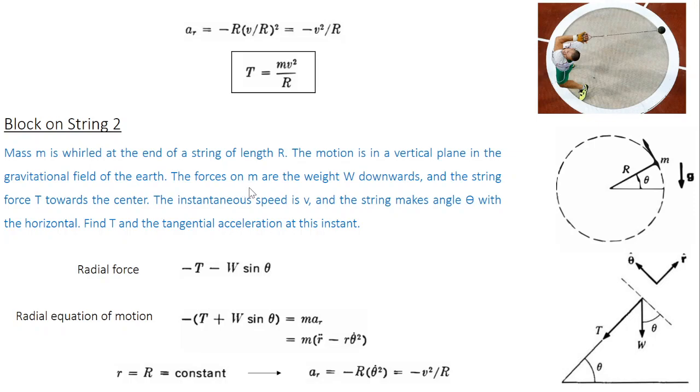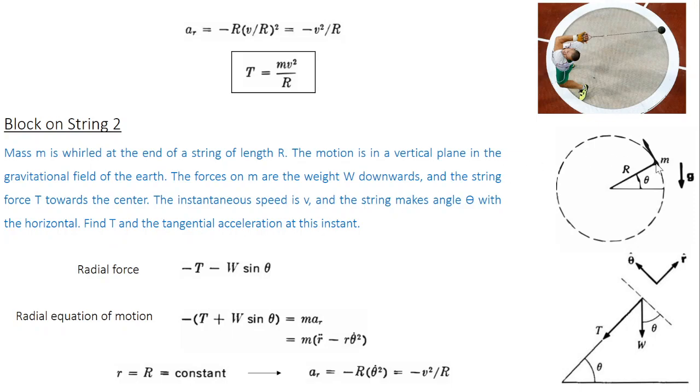The forces acting on the m are weight W, which always acts downwards, and the tension on the string, which acts towards the center. The instantaneous speed is v, and the string makes angle theta with the horizontal axis. Find tension and the tangential acceleration at this instant.